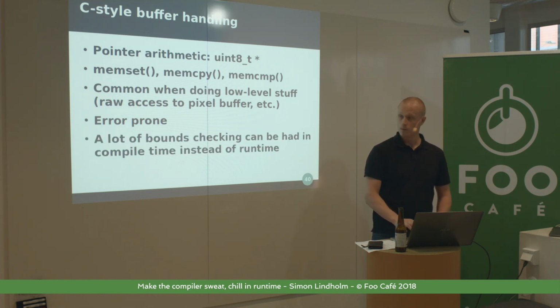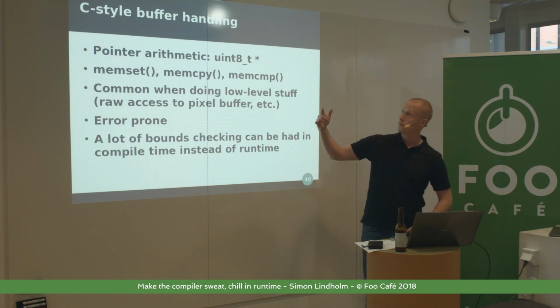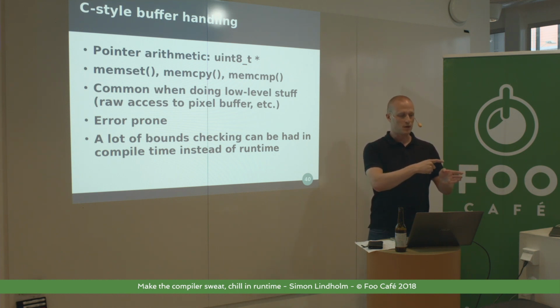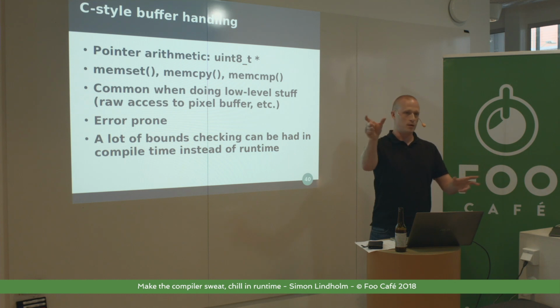So depending on what you're doing, in some areas you end up dealing a lot with buffers, which you basically treat as byte arrays when you have to index and slice and write and read and do all this back and forth.